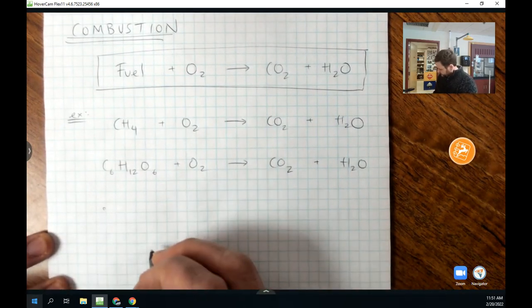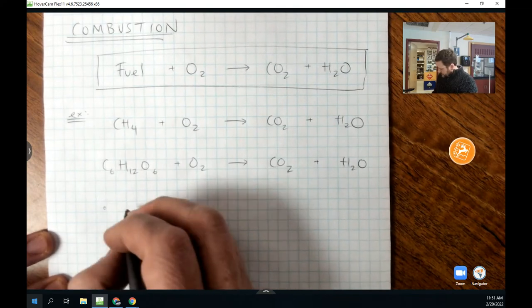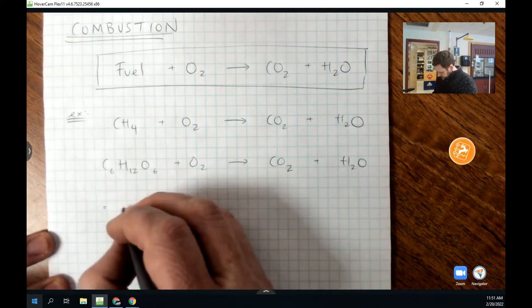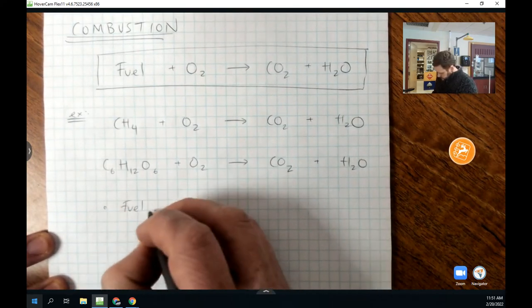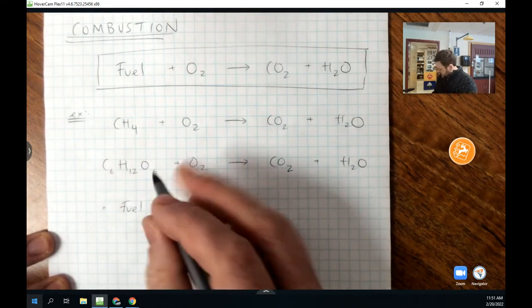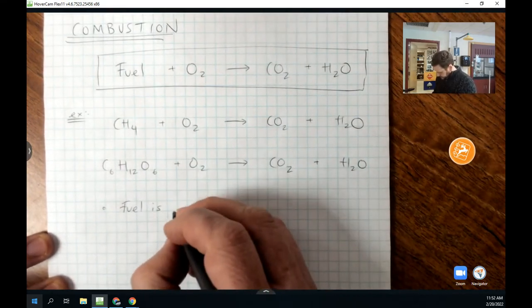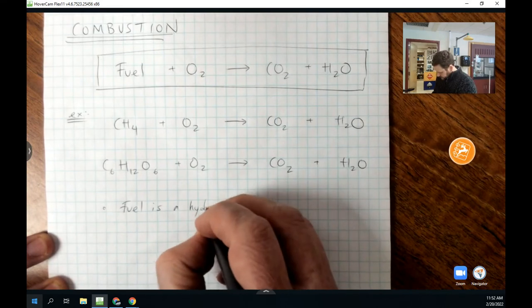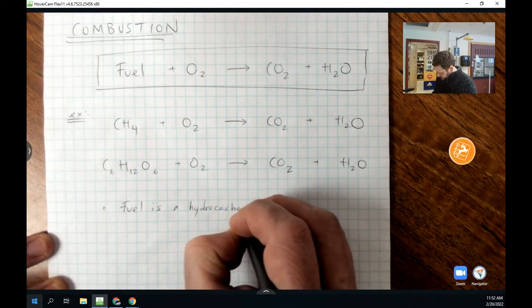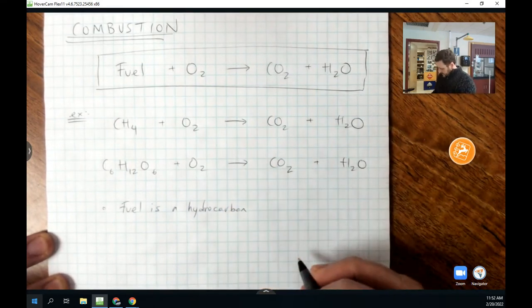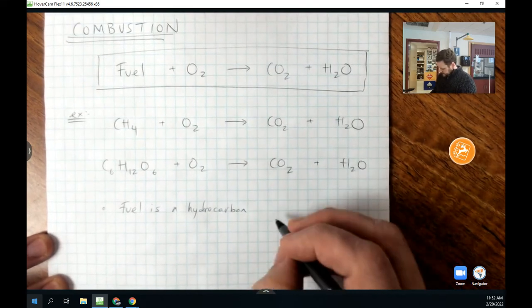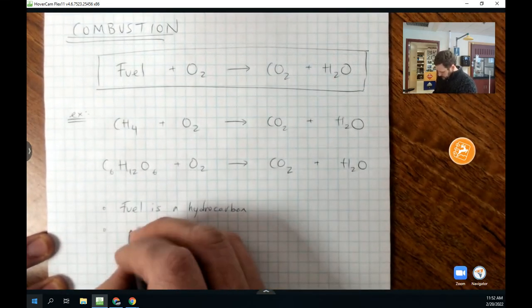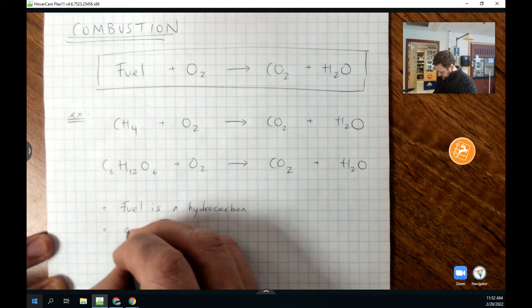First of all, the fuel is a hydrocarbon and oxygen is always a reactant.